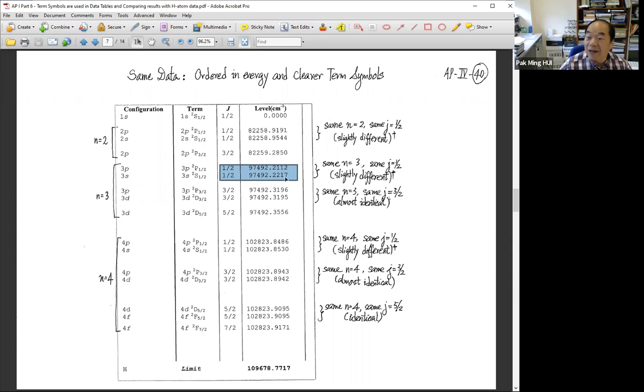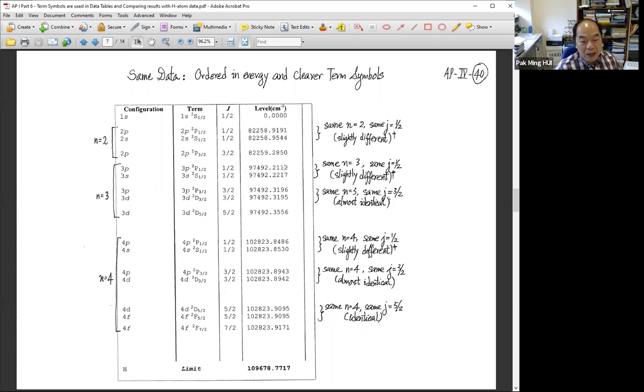Again, it is even better than before. You see, it is 0.01 wave number out of 97,000 wave numbers. This is how accurate quantum mechanics already is. But yet some physicists were not happy that there is still a slight difference.